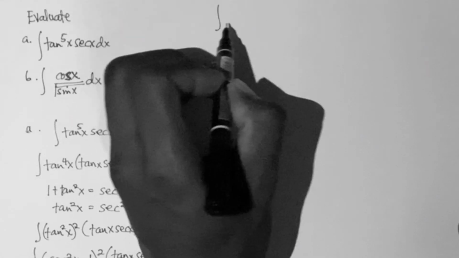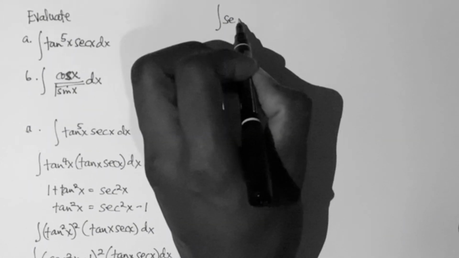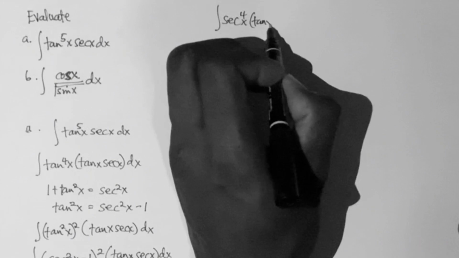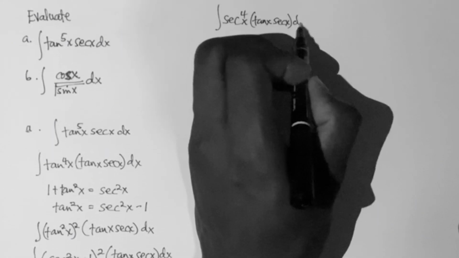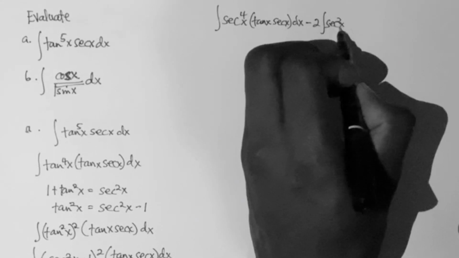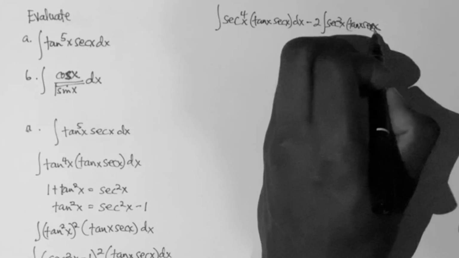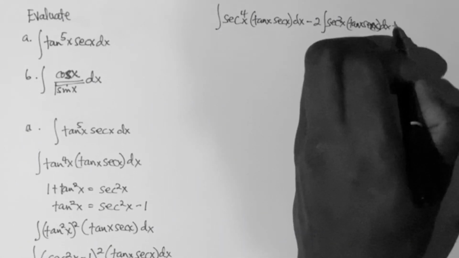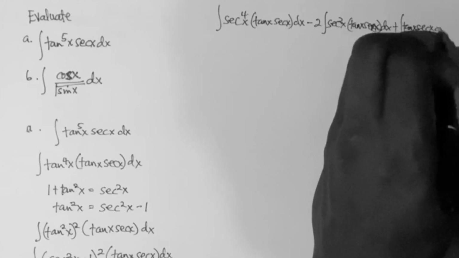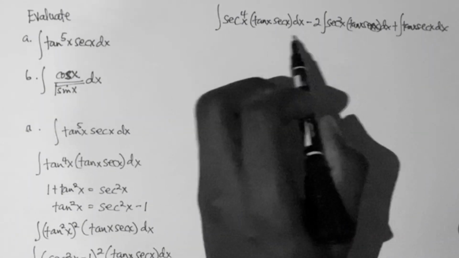It becomes integral of sec x exponent 4 times tan x sec x dx, then minus 2 integral of sec squared x tan x sec x dx, then plus integral of tan x sec x dx. So what we'll do is that we'll then take these individual integrals and evaluate them separately.